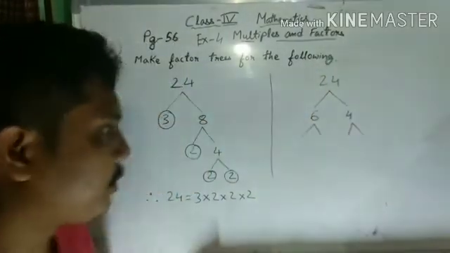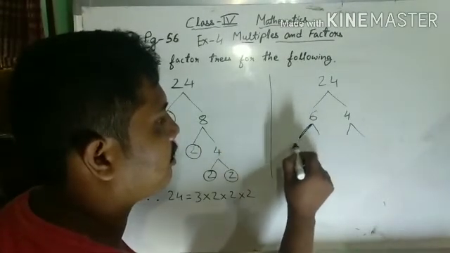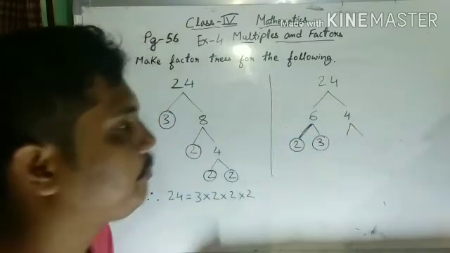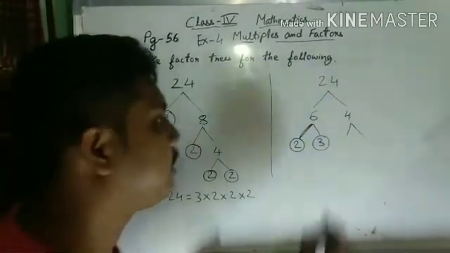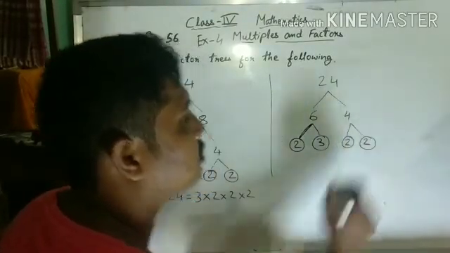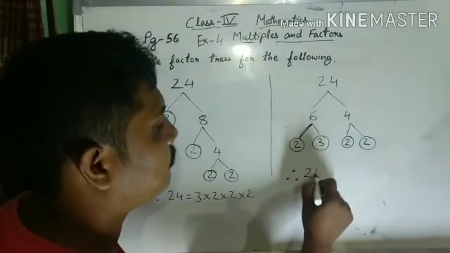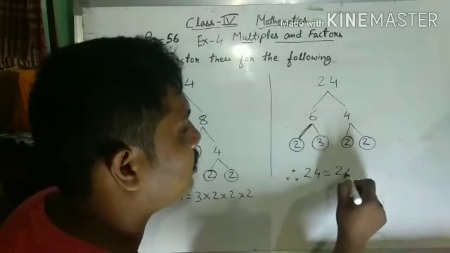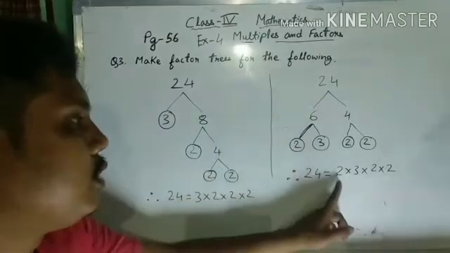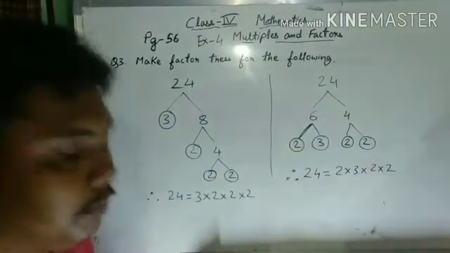For 6 we can write 2 threes are 6, 2 is prime, 3 is also prime. For 4 we can write 2 twos are 4, 2 is also prime, this 2 is also prime. So our factor tree is finished. Therefore 24 is equal to 2 into 3 into 2 into 2. You can check: 2 threes are 6, 6 twos are 12, 12 twos are 24.